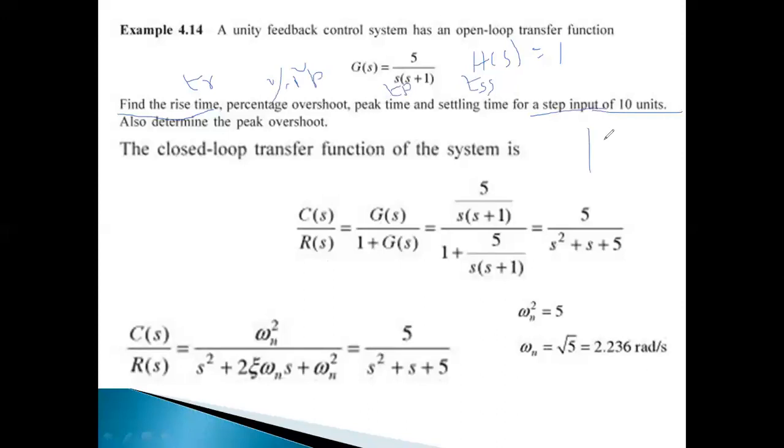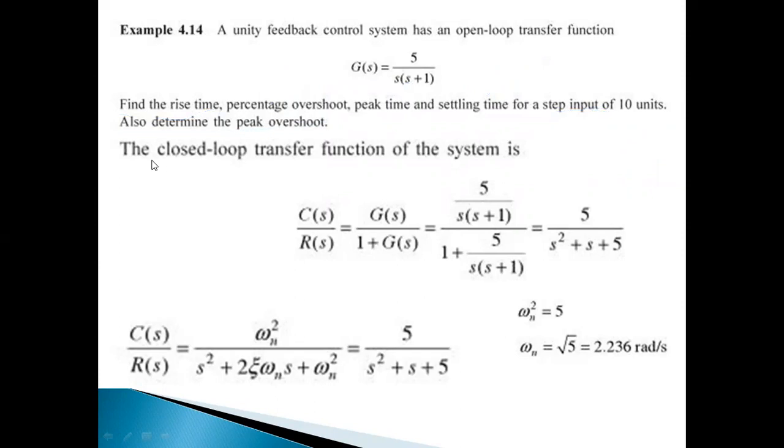Here the amplitude is 10 multiplied with unit value. First calculate for unit value; if necessary, the answer can be multiplied with 10. Also determine the percentage overshoot and the peak overshoot.